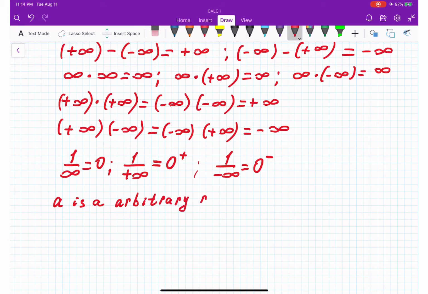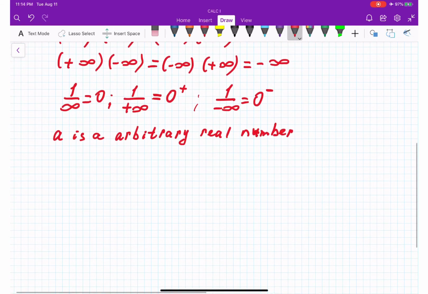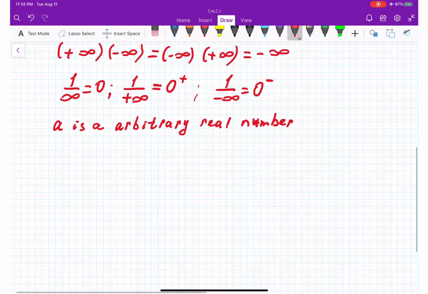What cases are we going to get here? A plus infinity, a number plus infinity. In my previous video, I said I don't care how large the number is. Compared to infinity, it's like a drop. So infinity is going to absorb that number, and it's going to be equal to infinity.